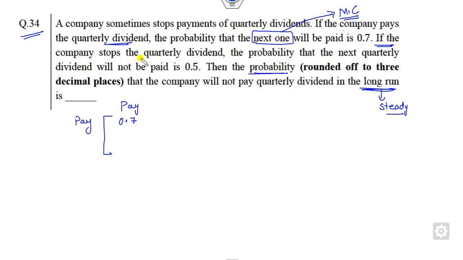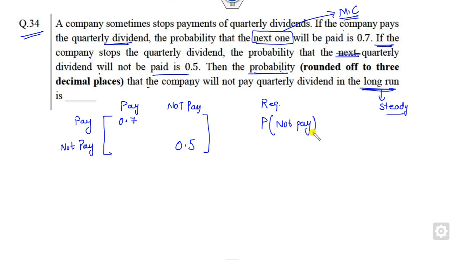If the company stops the quarterly payments, that means they are not paying, then the probability that the next quarterly payment will not be paid is 0.5. Your target is to find the probability that the company will not pay in the long run. What is the meaning of long run? It means your target is to find the steady state probability.